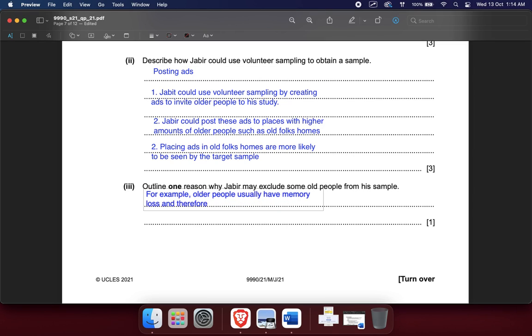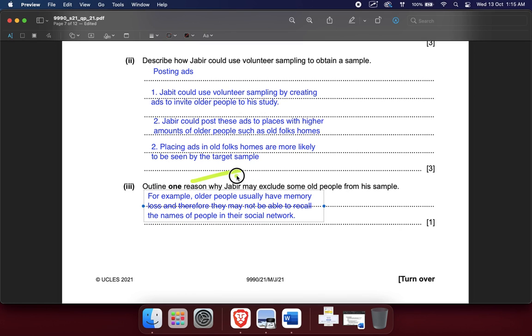My brain is short-circuiting a little bit. Okay, therefore they may not be able to recall the people in their social network, the names of people. So what am I saying?